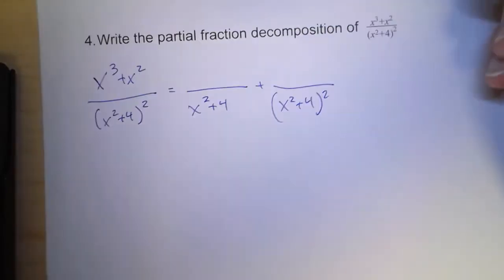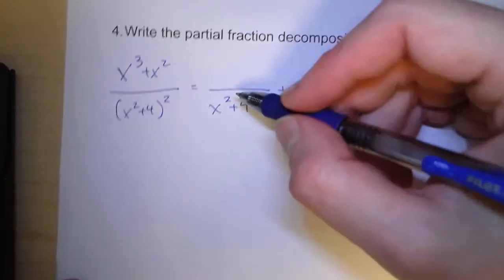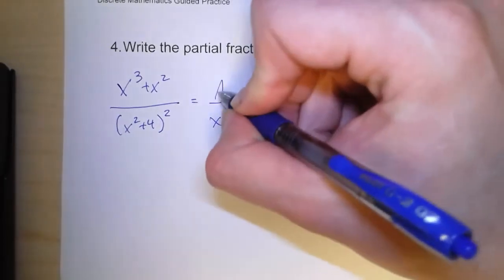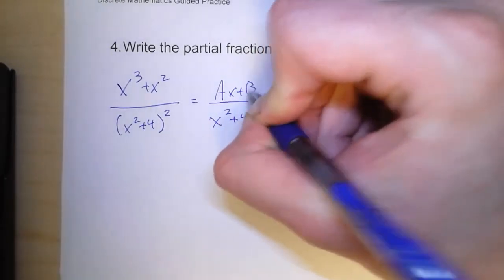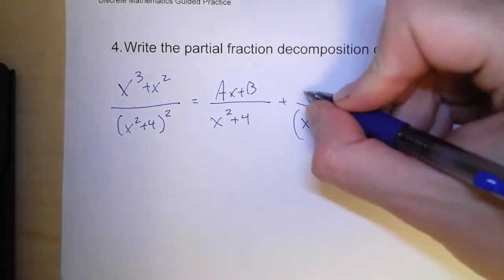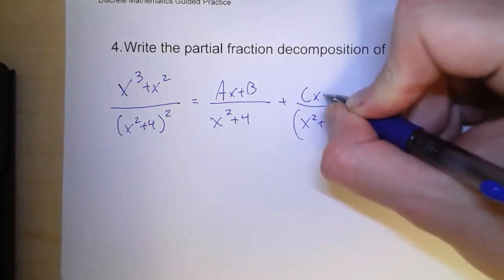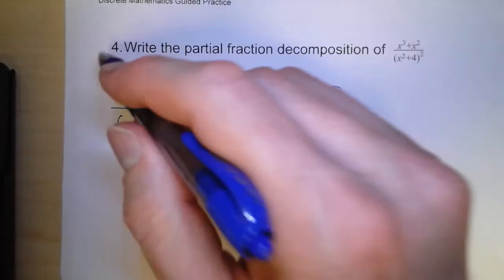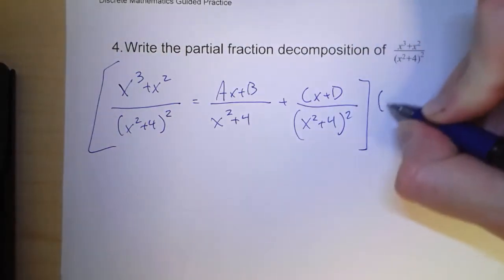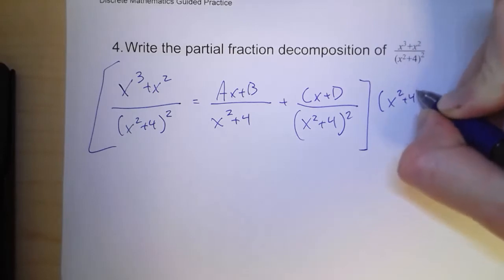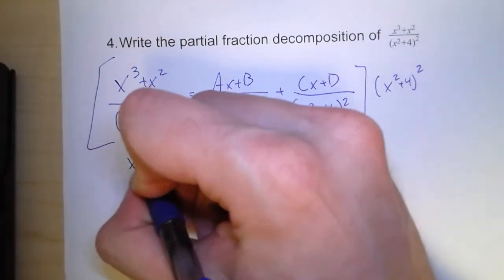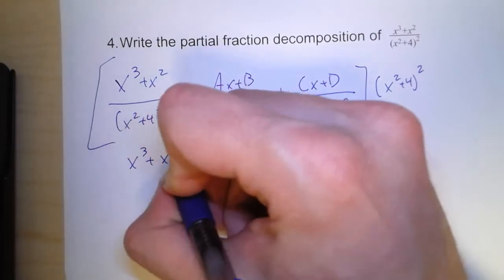Now, because it's a repeat, we start with this, and with a quadratic that we can't factor, we have it linear. So ax plus b. Now, every time you repeat, you just repeat what you have here. So that's also going to be a linear, cx plus d. So we multiply this by x squared plus 4 quantity squared. So we got x cubed plus x squared.